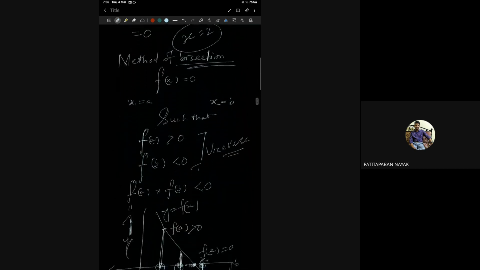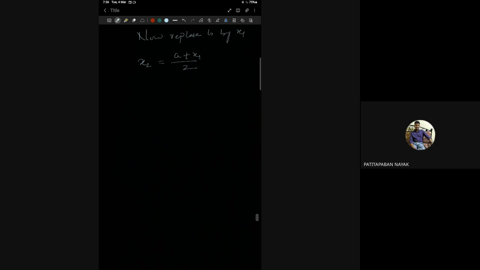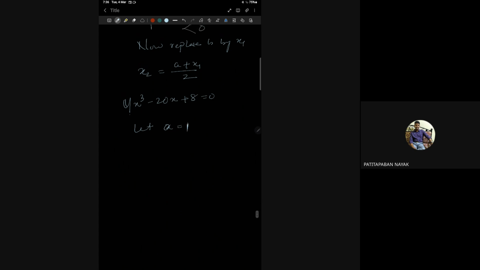4x cube minus 20x plus 8 equal to 0. Let a is equal to 1.